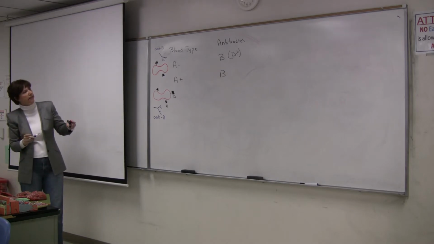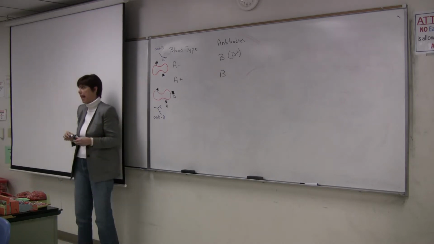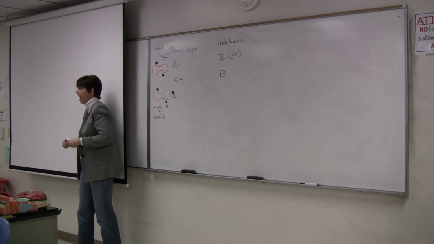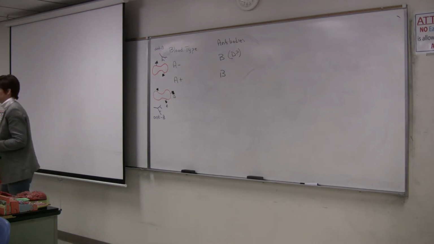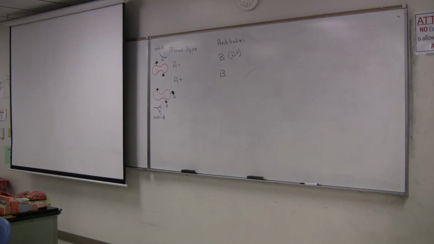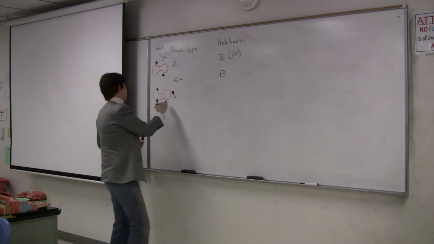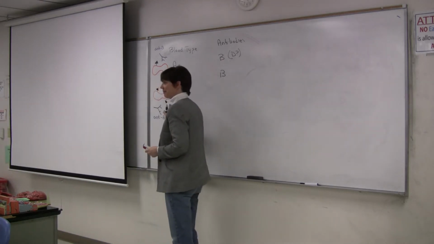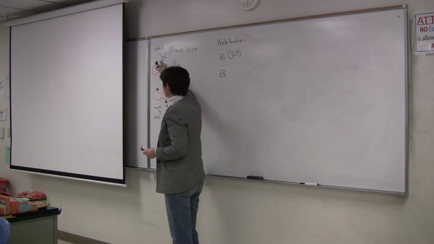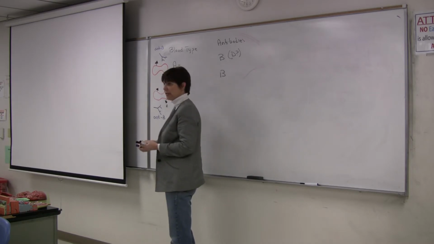Now, what would happen if I gave the person with A negative blood A positive blood? The actual steps in the process we'll cover on Thursday next week, when we talk about B lymphocytes. But the A antigen will be fine, right? There is no B antigen for the B antibodies to bind to.